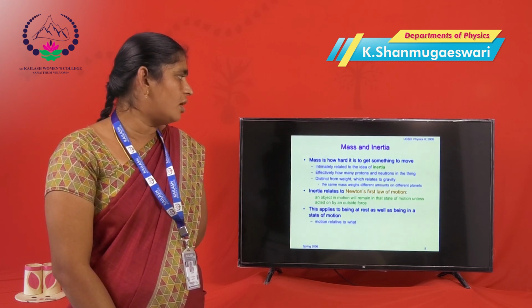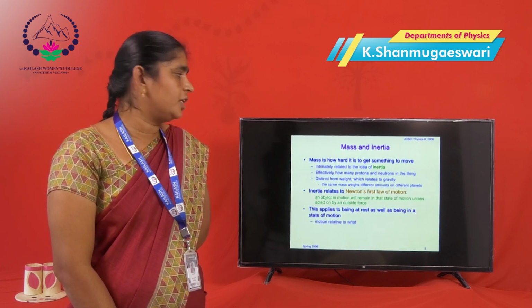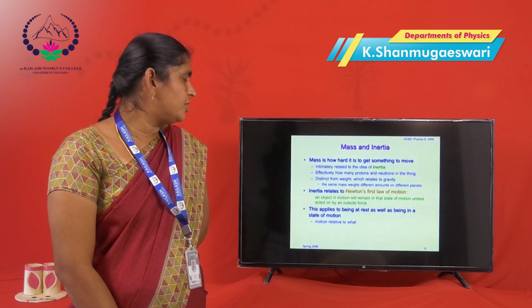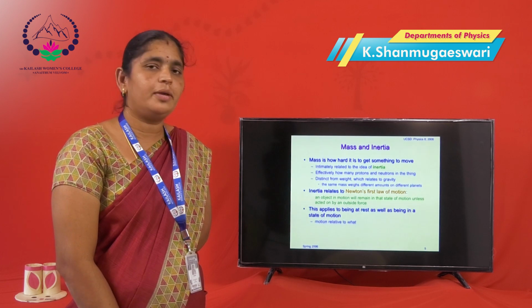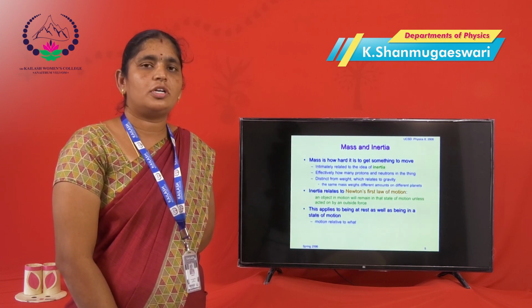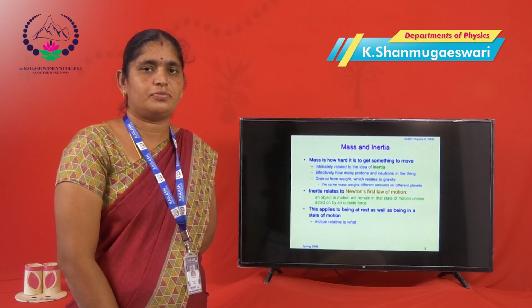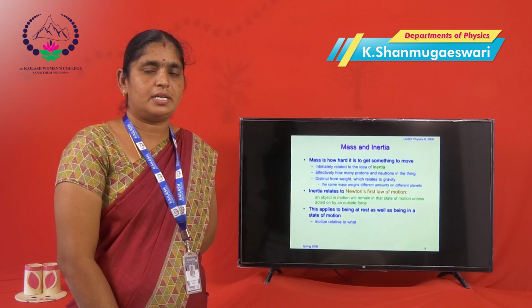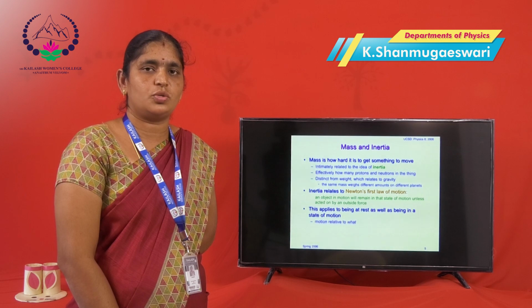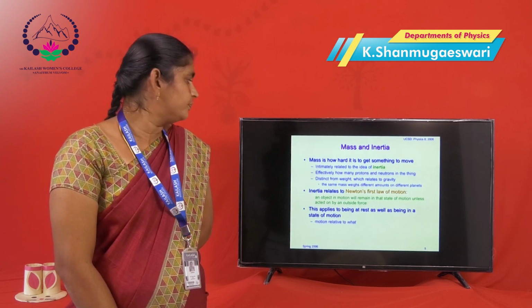Mass is how hard it is to get something to move. It is intimately related to the idea of inertia, effectively how many protons and neutrons. Protons are the positive charge particles, neutrons are the neutral particles, and electrons carry the negative charge.